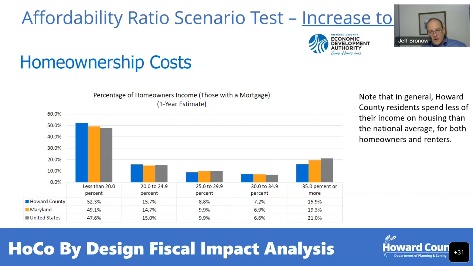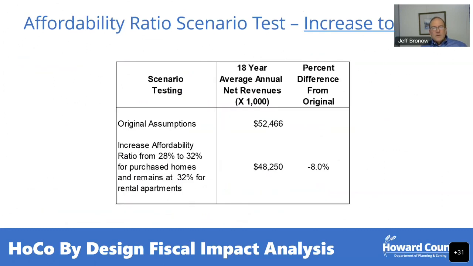It depends on people's credit score, it depends on the bank, et cetera. But again, the value is to look at the magnitude of difference. So if we went from 28% to 32%, it decreased by 8%. If you do go to 36%, it's probably going to decrease by 16%. So just keep that in mind when you look at the fiscal results. It's really a way to look at the reasonableness of the fiscal model.